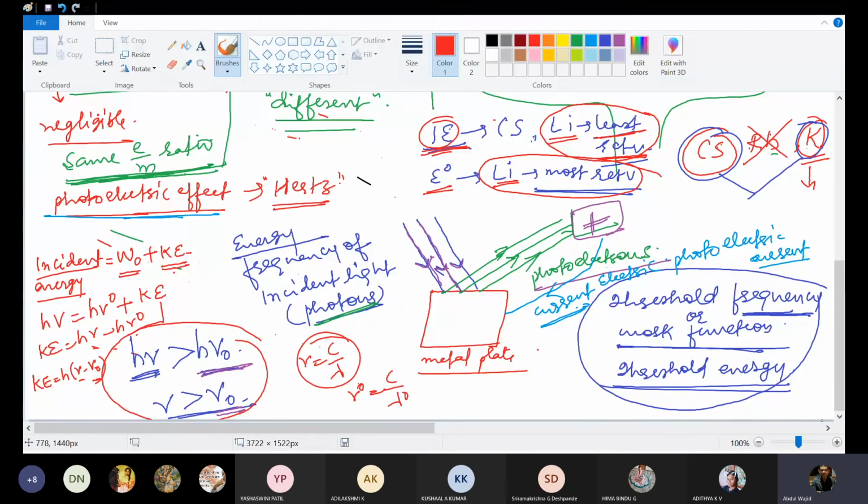C is also common, so you can write KE equals hc times (1 upon lambda minus 1 upon lambda naught). Is this all okay? So this is the mathematical derivation for the relationship between energy of incident light, work function, and kinetic energy.